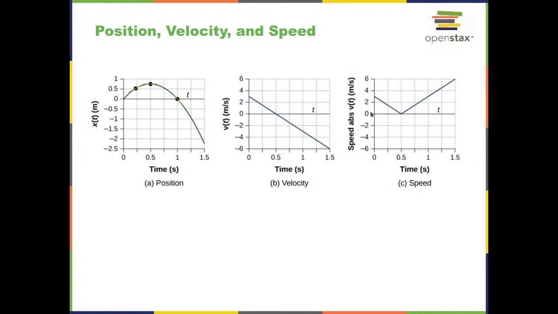So between time 0 and time 1, there's an average speed that is non-zero, even though the average velocity is 0, and the instantaneous velocity has a part that is positive and then a part that's negative, or a duration of time when it's positive and a duration of time when it is negative.